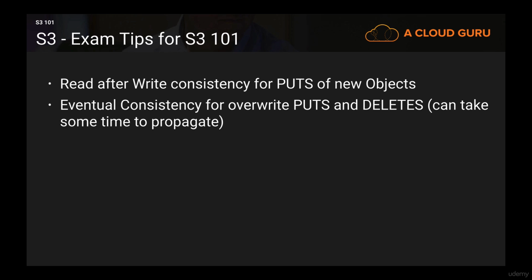Any new object on S3, as soon as you put it onto S3, you'll be able to read it. But if you are going to update an object on S3, or try and delete an object on S3, if you immediately try to access that object, you may be accessing an older version or the undeleted version because it can take some time to propagate. It's really important you understand that going into the exam, because they can throw those different scenario questions at you.